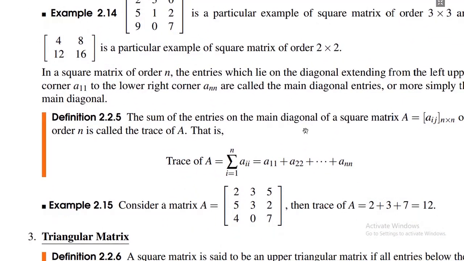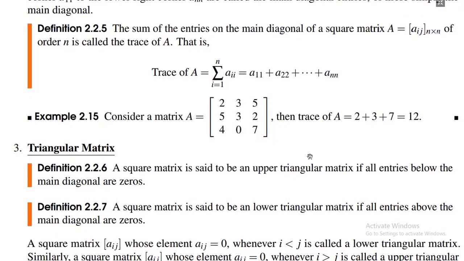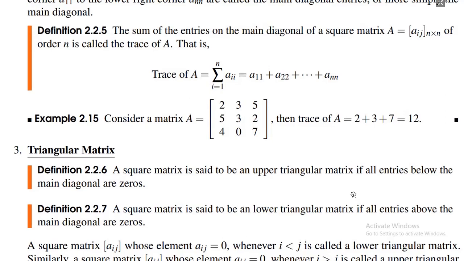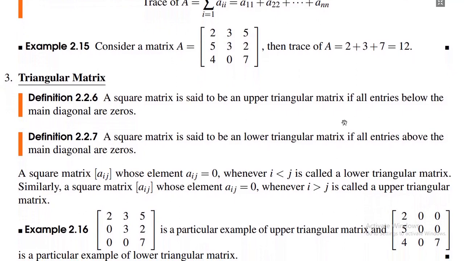The definitions: a square matrix is said to be an upper triangular matrix if all entries below the main diagonal are zeros. And a square matrix is said to be a lower triangular matrix if all entries above the main diagonal are zero. And a square matrix aij whose element aij is equal to 0 whenever i is less than j is called a lower triangular matrix. This is the definition, or how we can understand it in a short way.